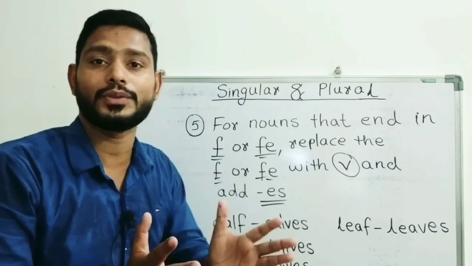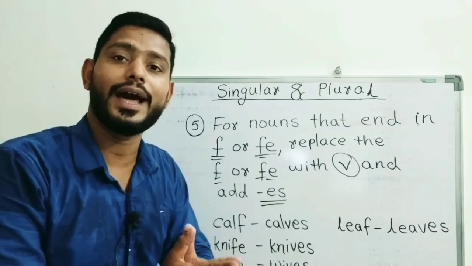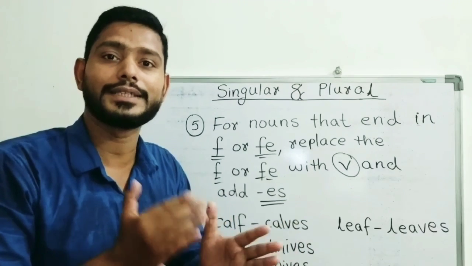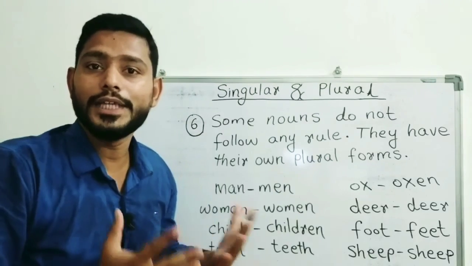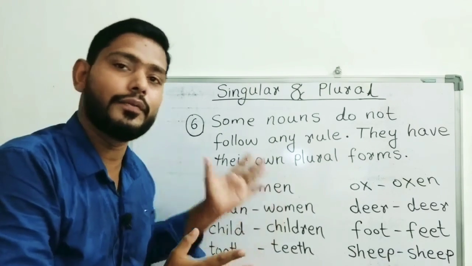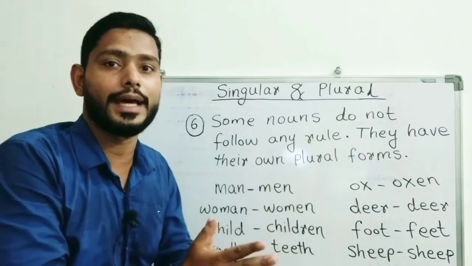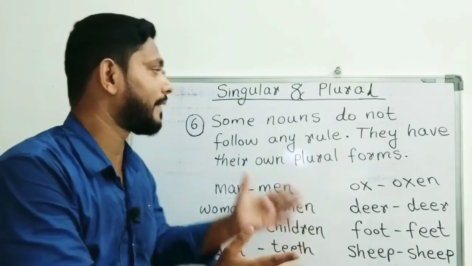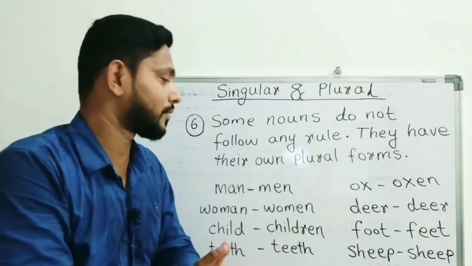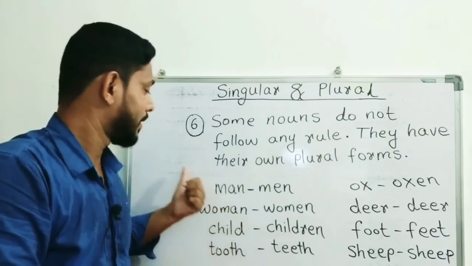So let's come to the last rule, which is very important, and there is no special rule. Dear all, there is no specific rule for some nouns; they do not follow any specific rule to make them plural. They follow their own rule and have their own plural forms. Here we can see some examples.